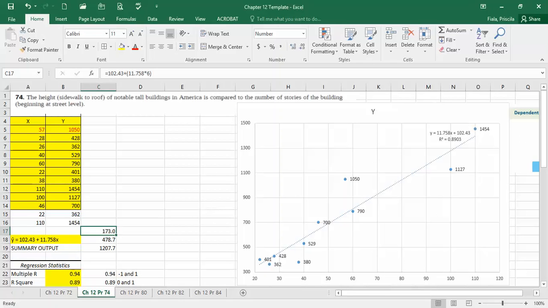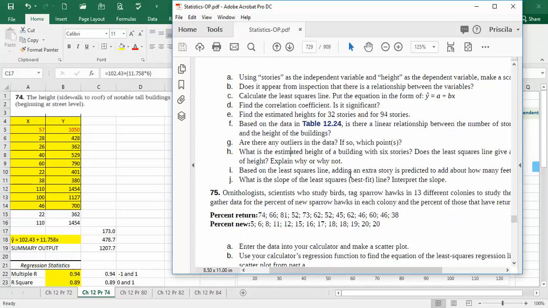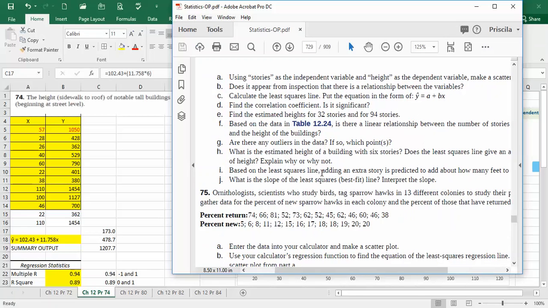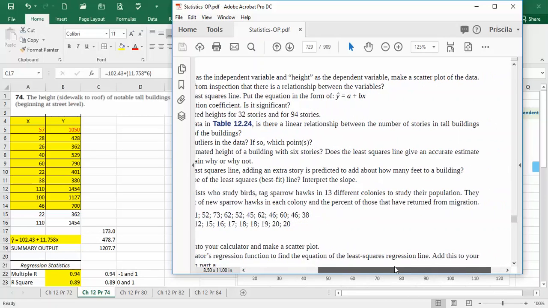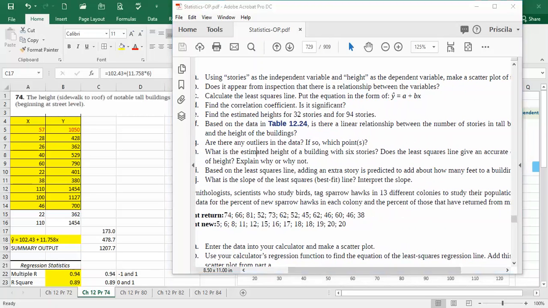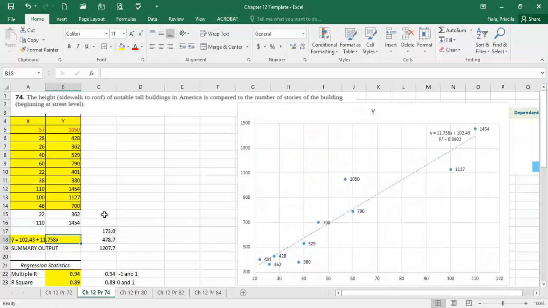No, I would say that it does not give an accurate estimate based on the least square line. Adding an extra story is predicted to add about how many feet to the building? We're saying that x is your independent variable, and we are predicting by multiplying by 11.758.